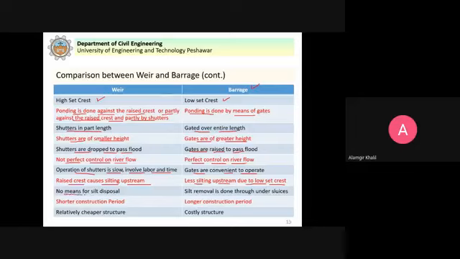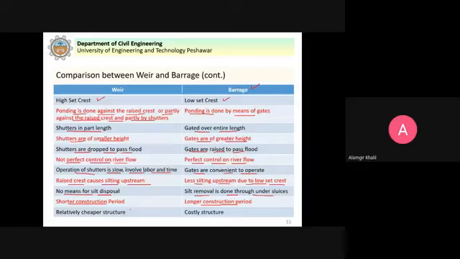So in case of a weir, there is no means for silt disposal. And in case of a barrage, silt removal is done through the undersluices, which are gated structures. We will study undersluices in detail. They are opened, and the bottom water flushes the sediments along to the downstream side. A weir has a shorter construction period, a barrage a longer construction period.